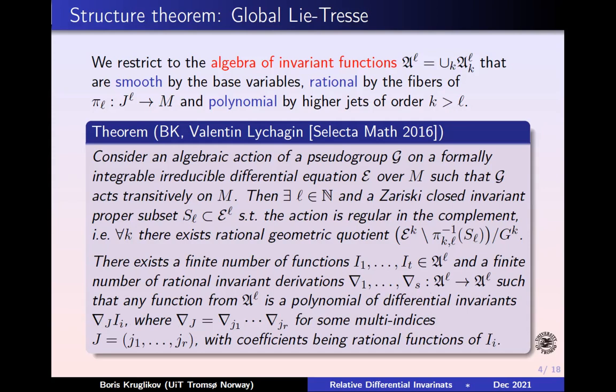Coefficients of this polynomial can be rational functions only of those initial invariants. That's the only place where rationality appears, the only place where we can have some division.